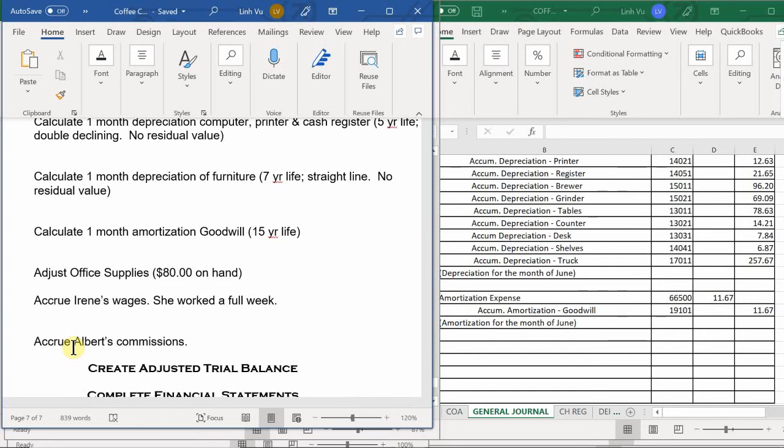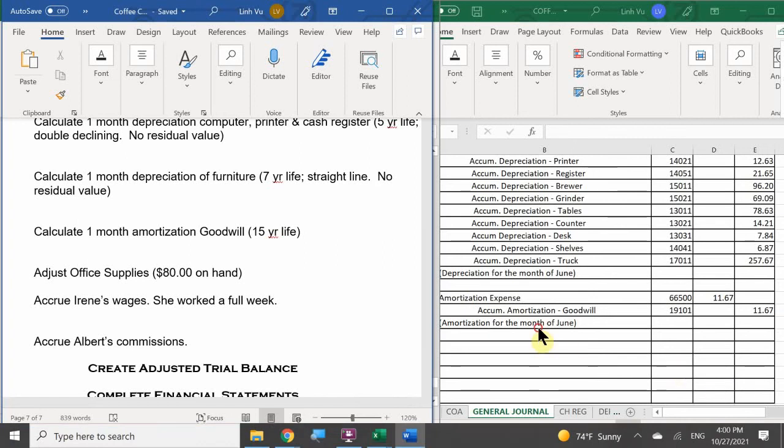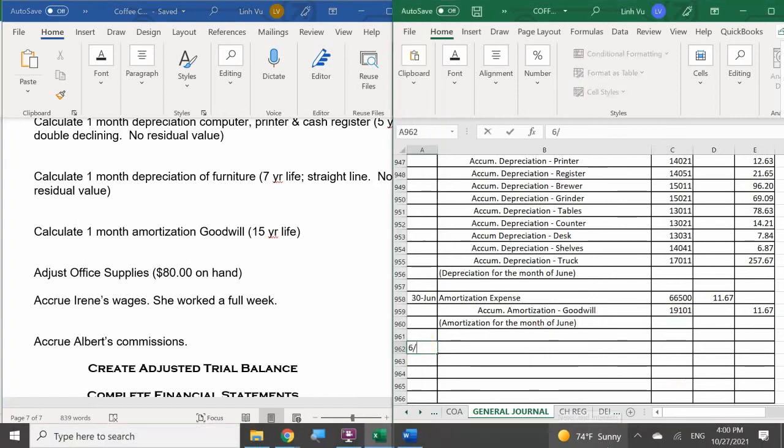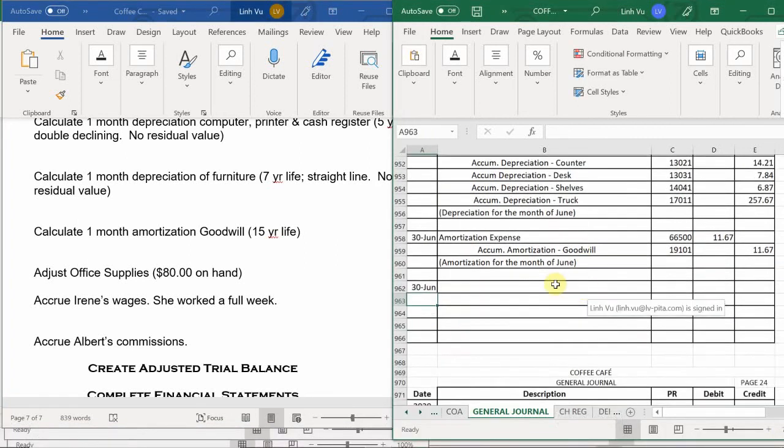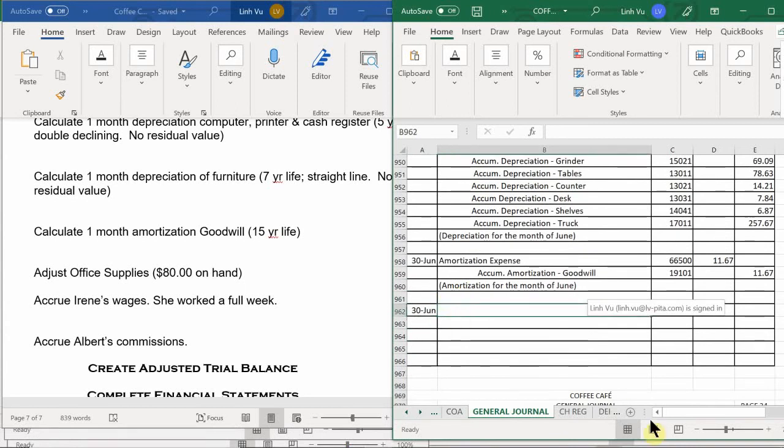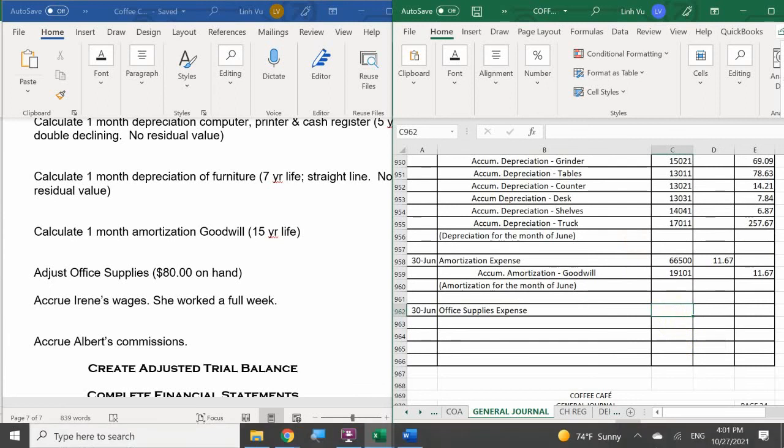So in this case, what is the only option I have in my chart of accounts that's remotely close to an office supplies expense? Okay, let me see. Office supplies expense. There you go. They don't depreciate, but you use the pencil, you have one less pencil. Okay, so office supplies expense. The account number is 6750.